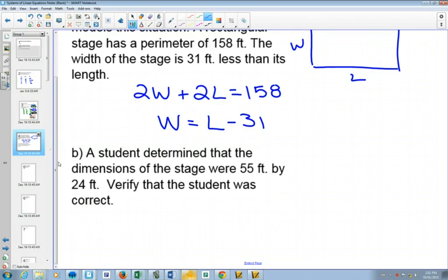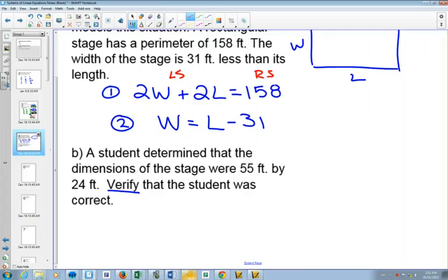So we're going to look at what this word verify means. I'm going to call this equation 1 and this one equation 2. And we're going to verify both of them. What verify means is you don't know if it's true or not, but you'll always have a left side of your equation and a right side of your equation.